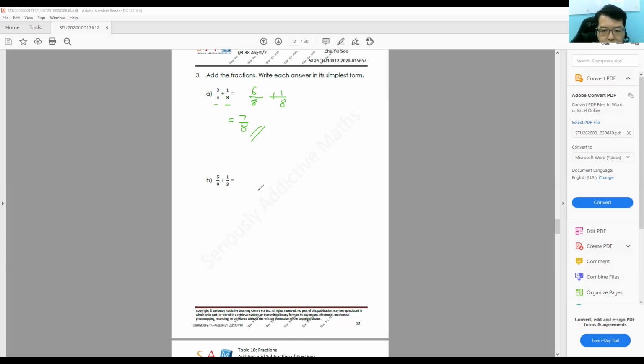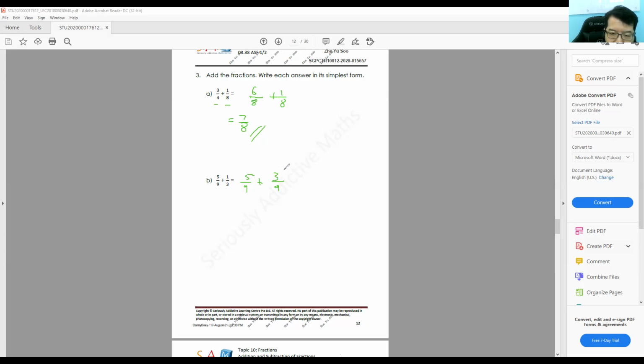Okay, so what we want to do now is to add by converting the fractions to the same common denominator. So 9 is the bigger part, so we will keep 9 and we'll convert 1/3 into a denominator of 9. So 1/3 is the same as, let's see, 3 times 3 equals 9, 1 times 3 equals 3.